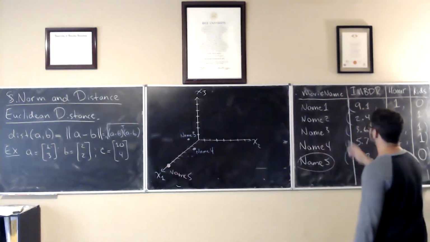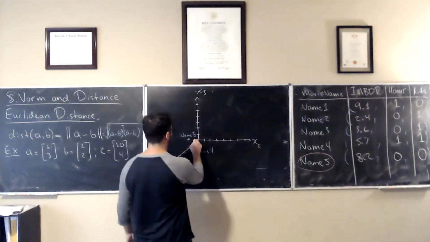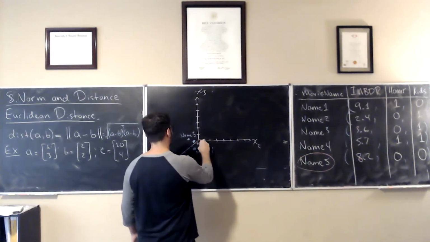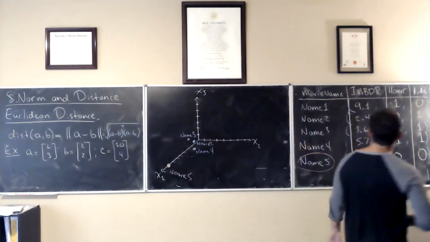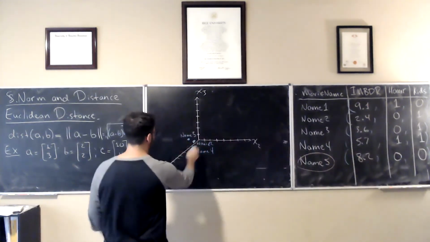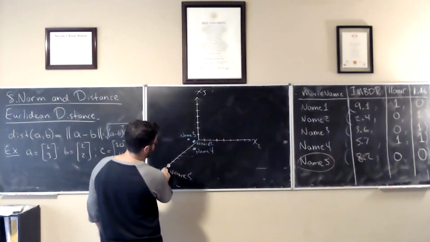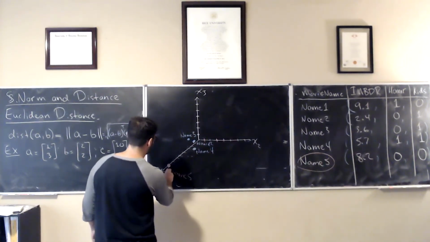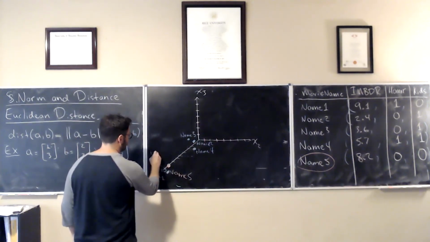And then name 2 is 2.4, 0, 1, so it's like there. So name 2. And then name 1 is 9.1 this way, and then right there is name 1.